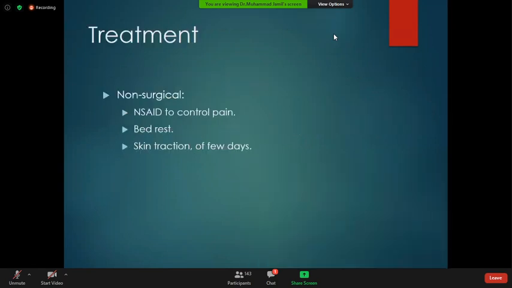What is the treatment? The treatment is non-surgical. The most important thing is that the head should be maintained in the acetabulum. That is the containment of the head. If the patient comes in the earliest stage and the head is contained, but we see the changes, what we will do is apply skin traction for a few days, with bed rest and analgesics.